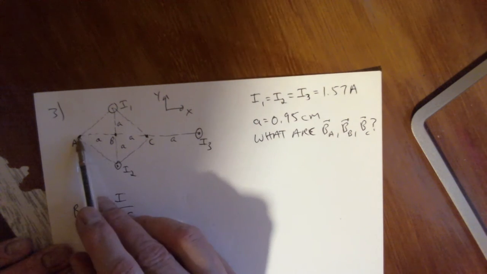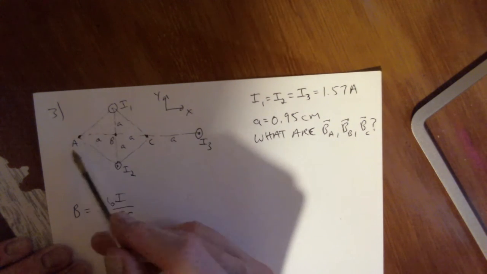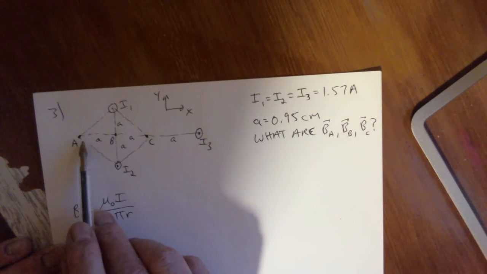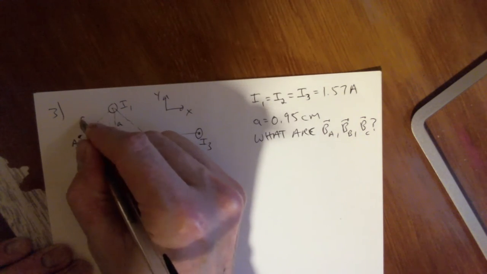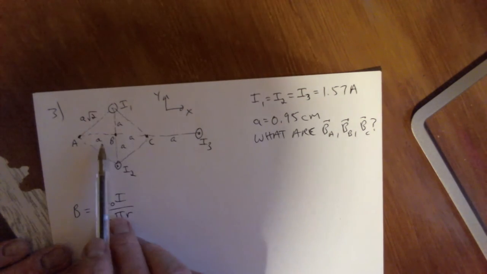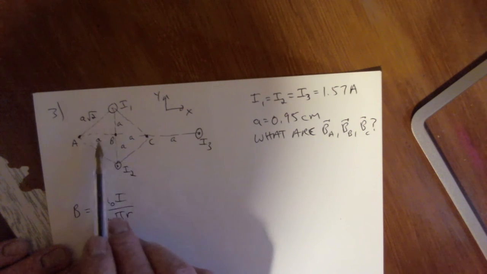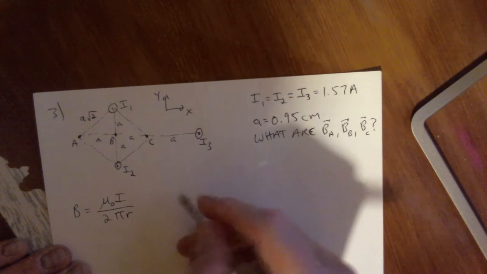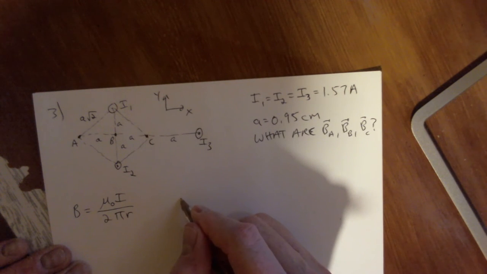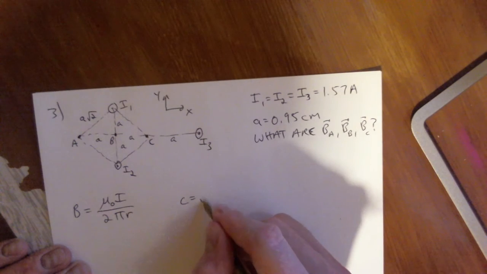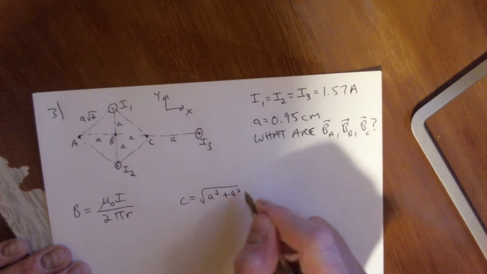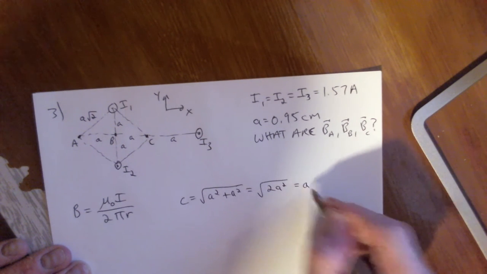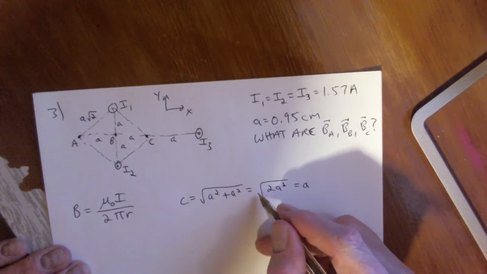So at A, the distance from I1 to this point is this length here. By Pythagoras, we can show that it's A root 2, because this is the hypotenuse, the sides are A and A, and so the hypotenuse is equal to square root of A squared plus A squared, which is square root of 2A squared, which is A times square root of 2.